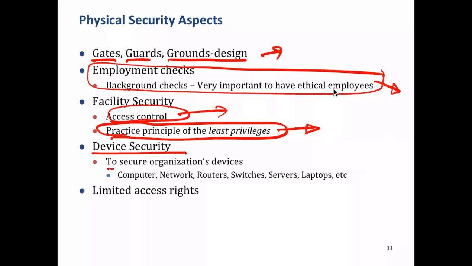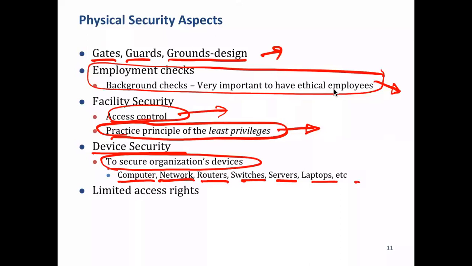Basically, within the organization, one has to secure computers, networks, routers, switches, servers, laptops, etc. For example, in many organizations with an open office design, laptops are on desks, but they are locked through a chain.